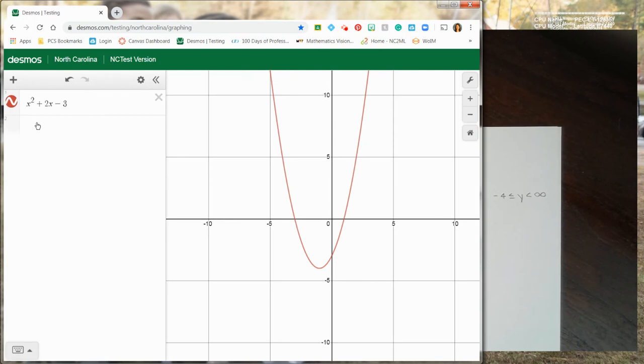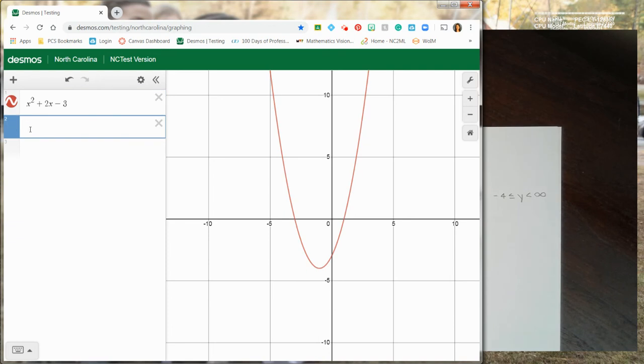And what I'm going to do is I'm actually going to use Desmos to show you this. So this point down here, it's a minimum, and we call this our vertex. That is the turning point from, in our case, decreasing to increasing. It's the lowest point I will ever see on my parabola.